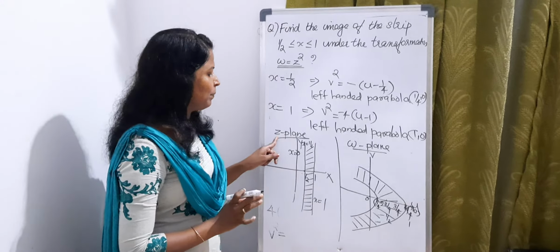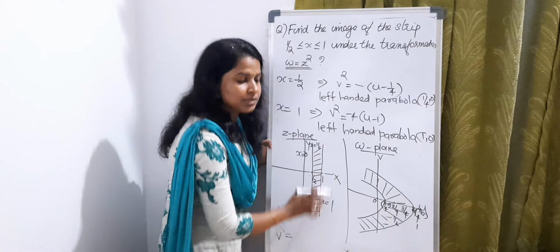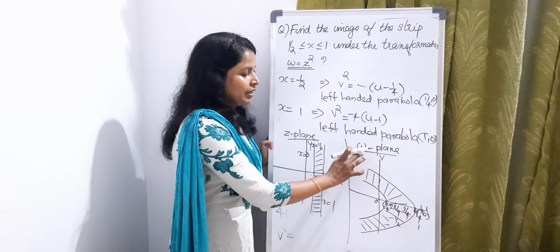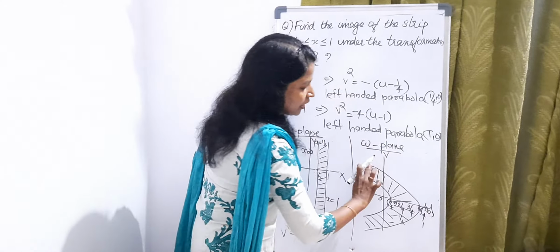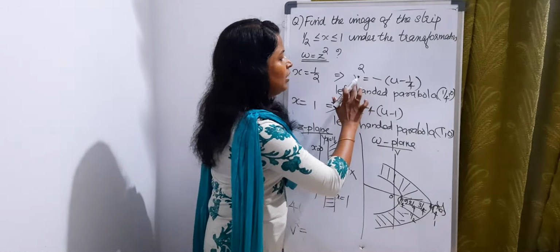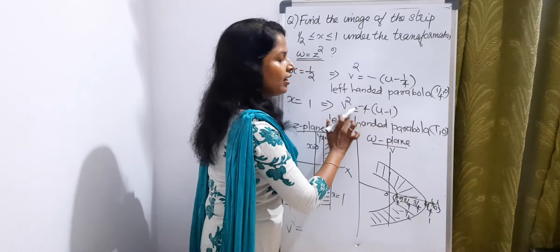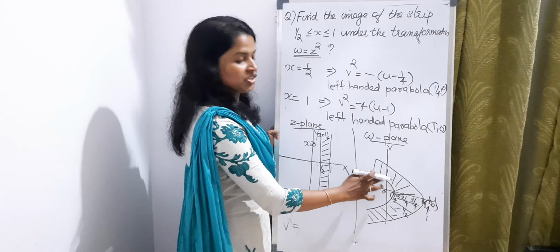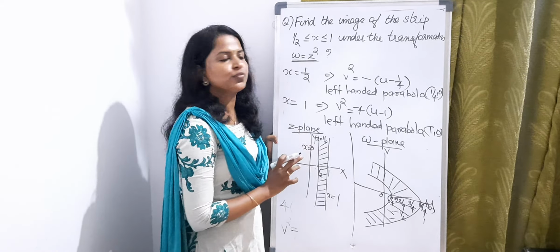That is, the strip in the z plane is mapped to the w plane region bounded by this parabola and this parabola. This shaded region is the image of the strip.